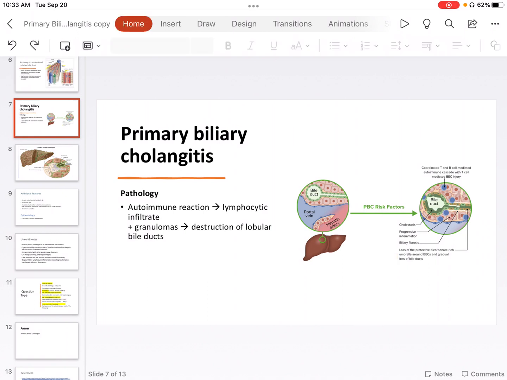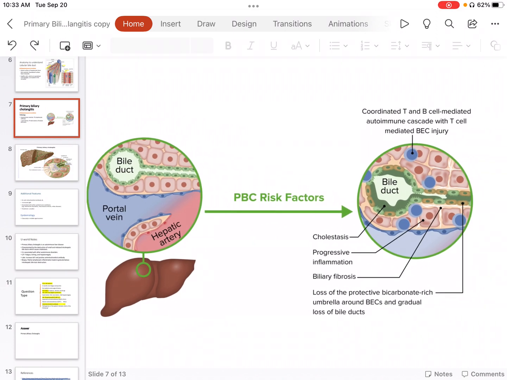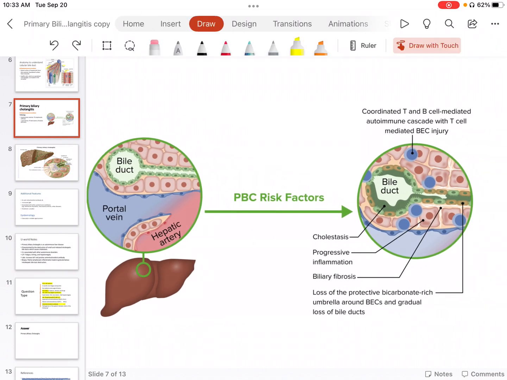If we zoom in a little, you can see that there is cholestasis going on. This cholestasis is due to a blockage here, and the blockage is because of progressive inflammation, and that inflammation is causing fibrosis, which is a granulomatous type of fibrosis.